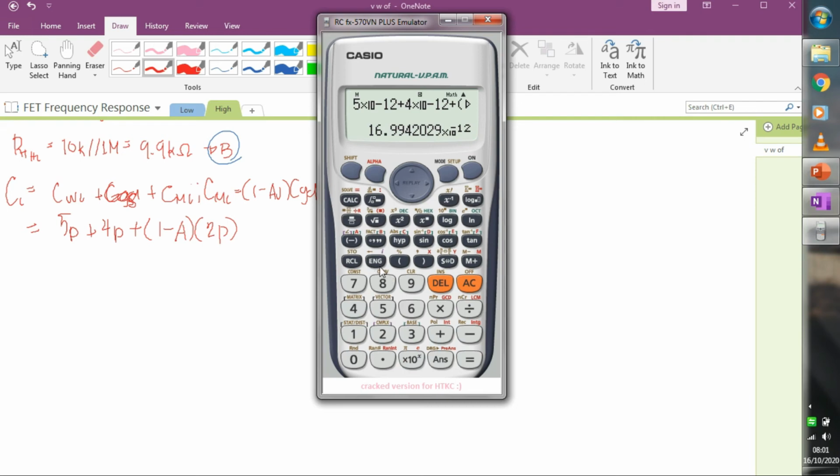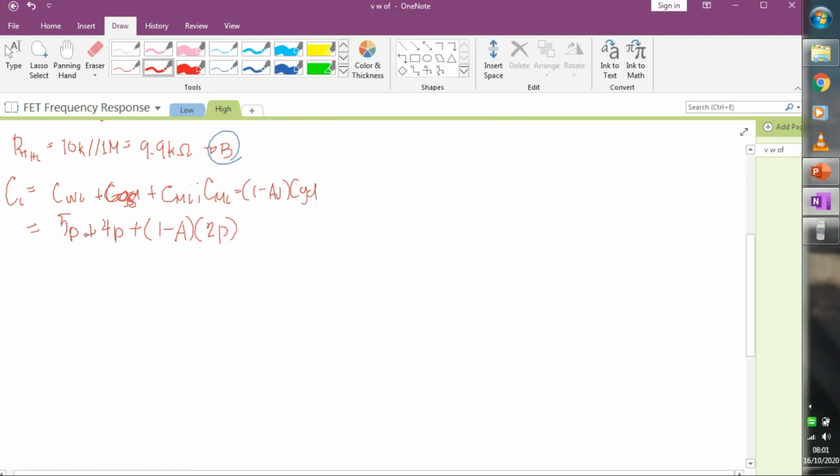So, that is equal to 16.9 picofarad. Store ko siya kay C. So, CI is equal to 16.99 picofarad. Nakastore po siya kay C.